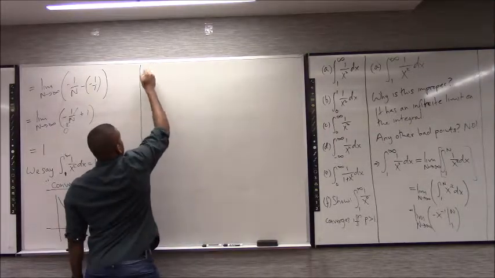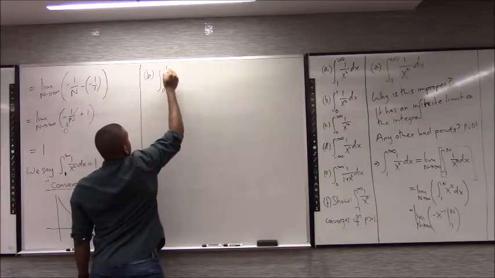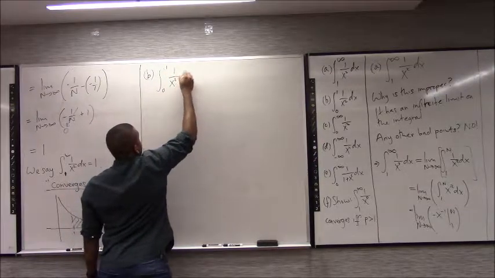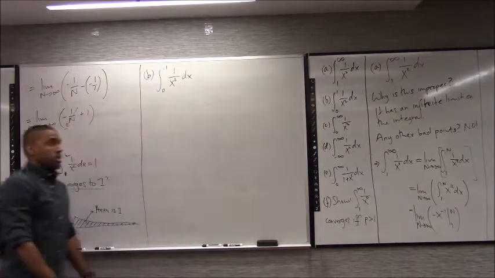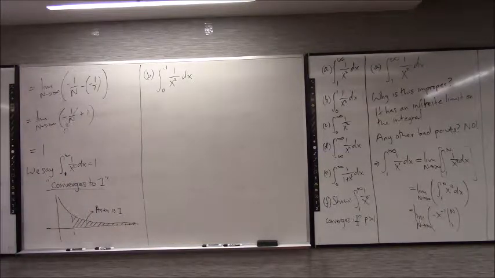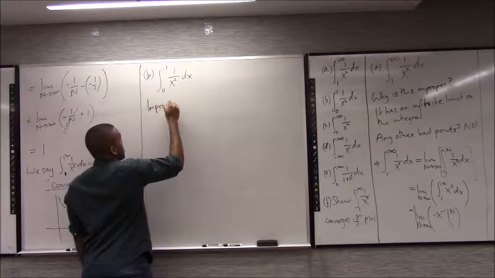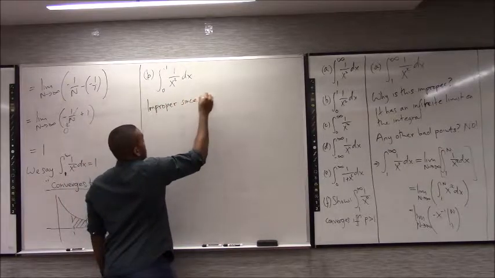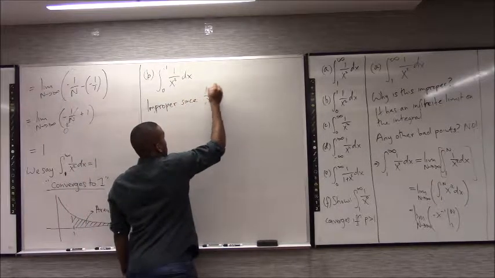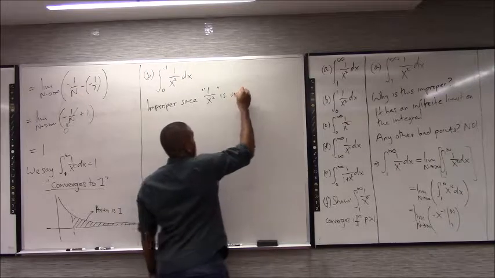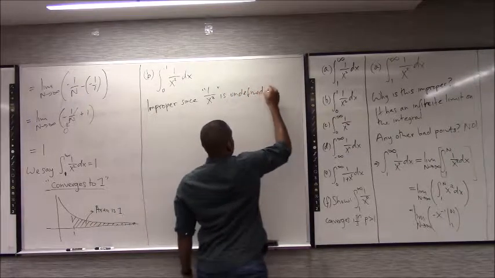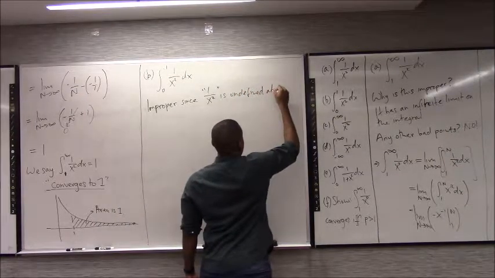Let's look at B. Now, of course, that's improper, but I just want you to tell me why. Undefined at 0. This is improper since 1 over x squared is undefined at x equals 0.